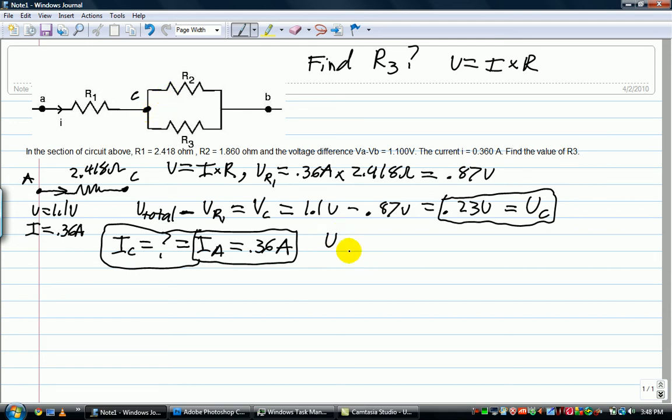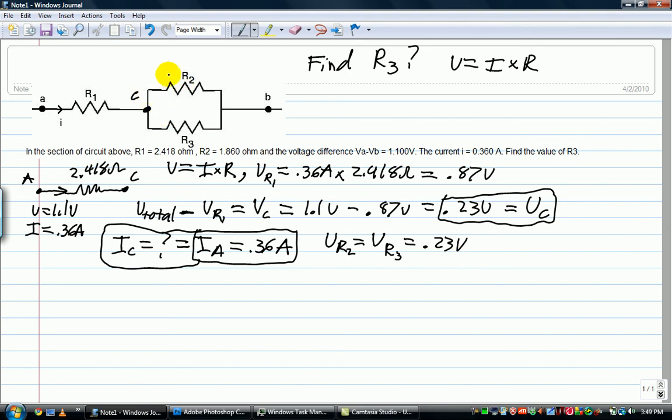So V sub R2 is equal to V sub R3, and that has to be equal to whatever this voltage is here, 0.23 volts. That's simply defined by principle since they are in parallel.